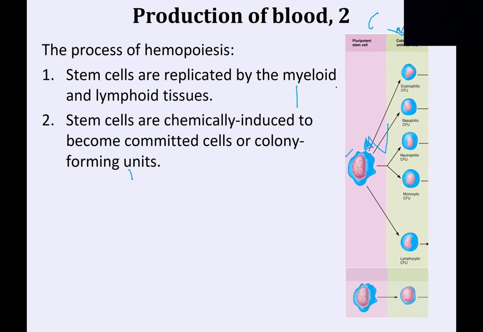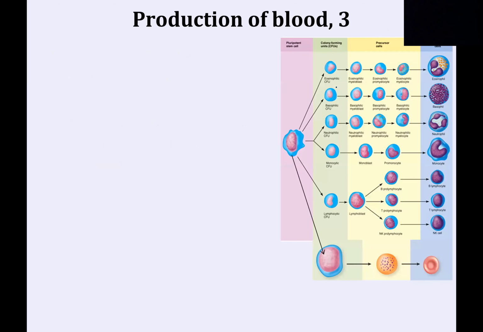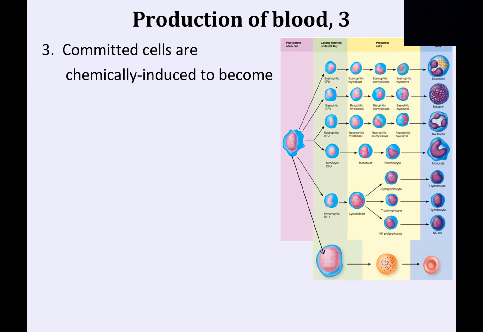So first two steps. The third step, the committed cells are chemically induced to become precursor cells, and that's this yellow column. Once a stem cell becomes a committed cell or colony forming unit, it can't go back to being a stem cell.